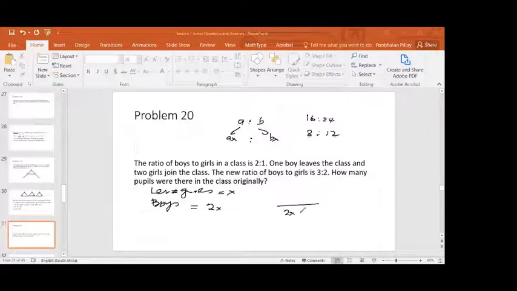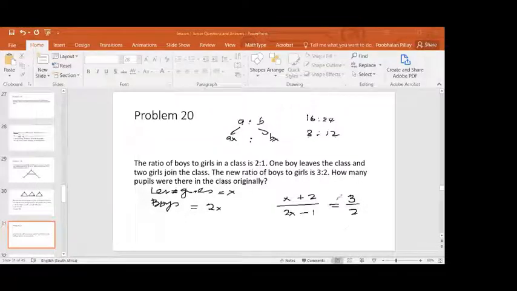So when one boy leaves the class, you got one less boy. And two girls join the class. Originally you had X, but now you got X plus 2. And they say the new ratio of boys to girls is equal to 3:2. So you can make this thing 3/2.